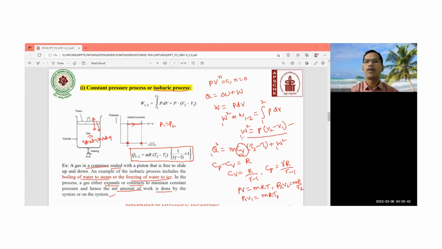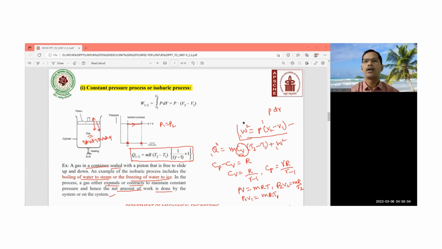This is the work transfer relation for an isobaric process. So that is how we develop the heat transfer and work transfer relations. Hope this concept is clear.